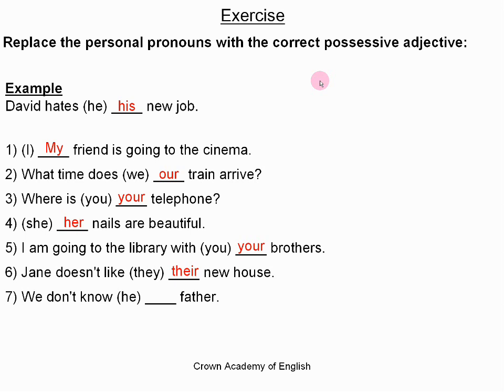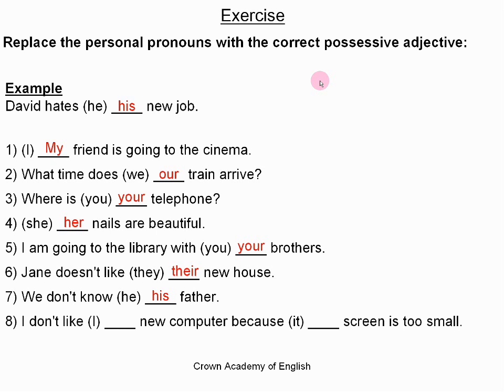The answer is, we don't know his father. The last question, question 8, and there are 2 answers here. The answer is, I don't like my new computer because its screen is too small. Okay? Its screen is too small.